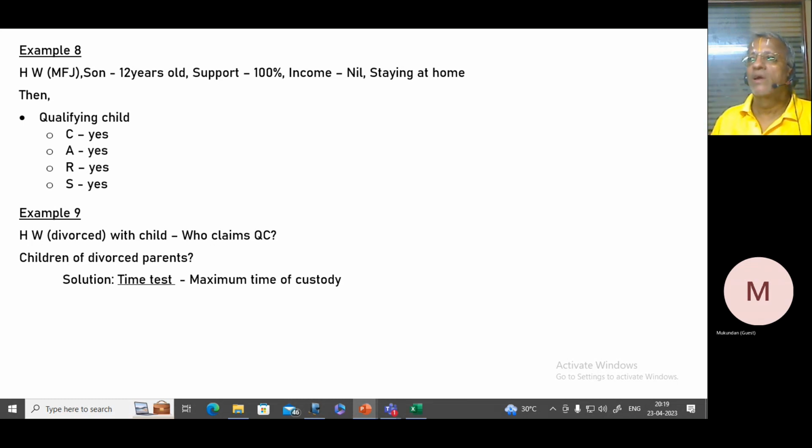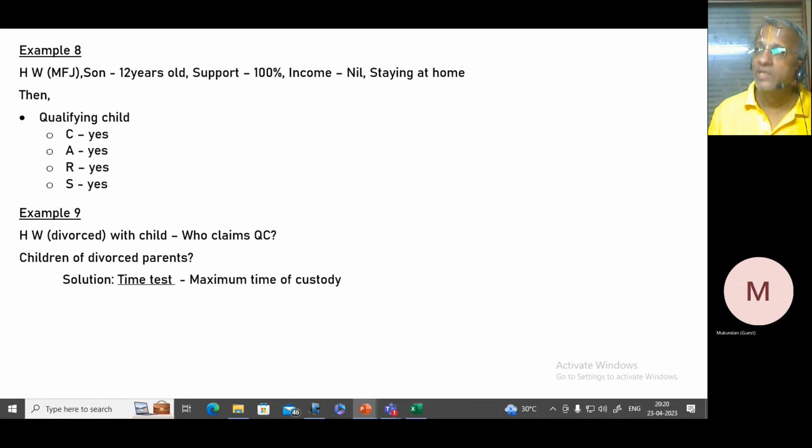Whosoever's custody the child was living in for greater number of periods, that particular parent will have the right to claim as qualifying child. If the period of stay were to be equal between husband and wife, dad and mom, then whichever parent had reported greater AGI, that particular parent can claim as qualifying child.